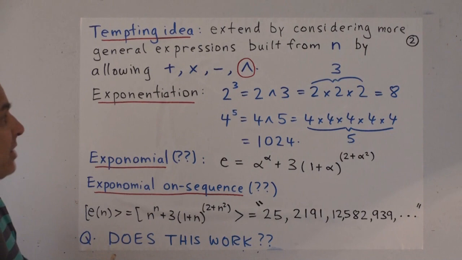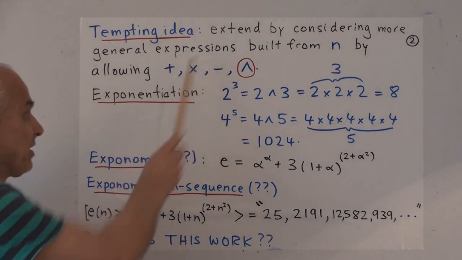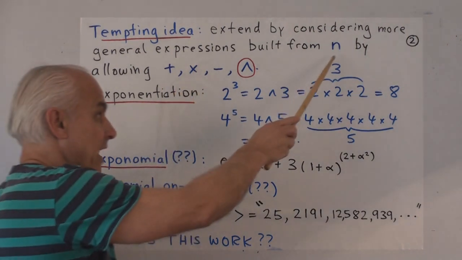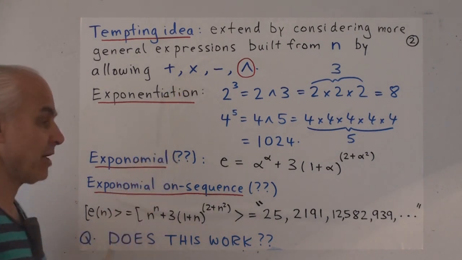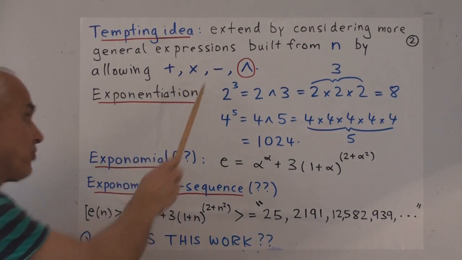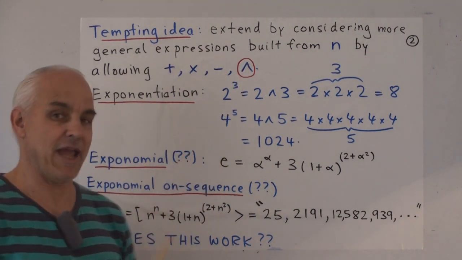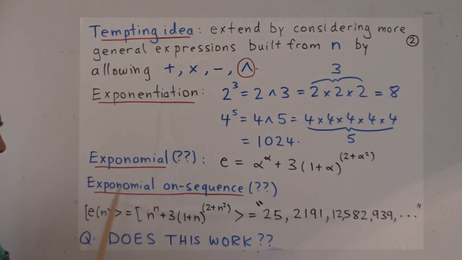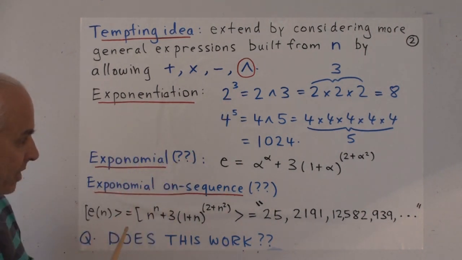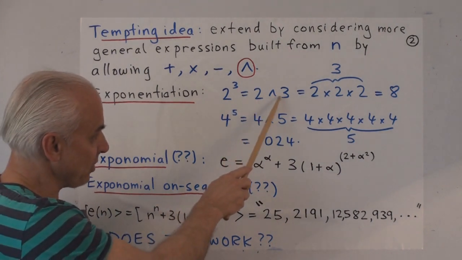For example, we could try to consider expressions built up from the letter n by not just the arithmetical operations of multiplication and addition and subtraction, but also, say, using exponentiation. Let me just remind you what we mean by exponentiation. 2 cubed, another notation for that is 2 to the 3.